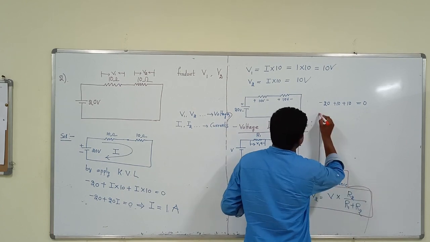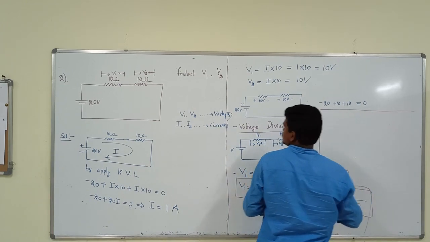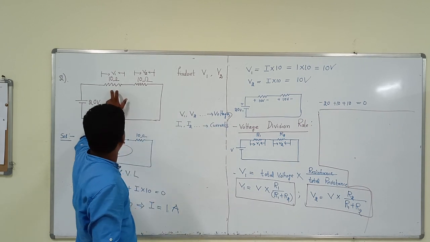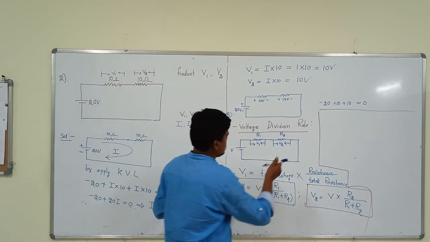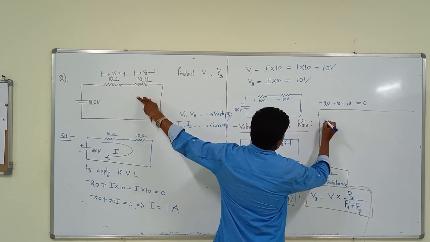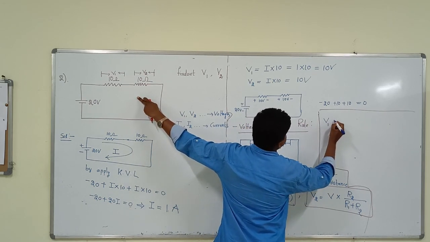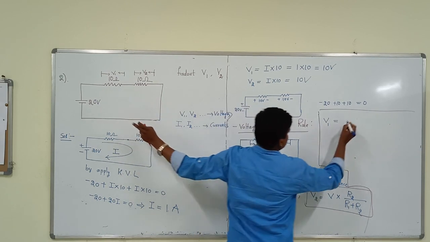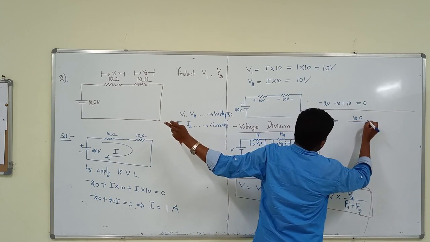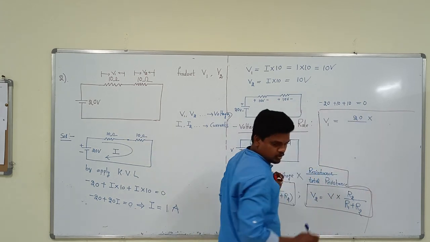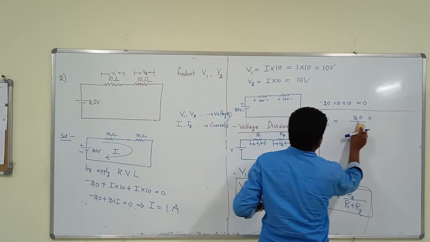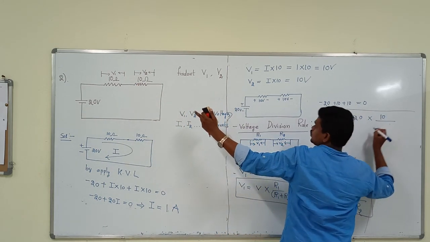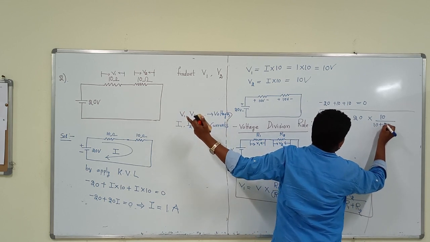So from that circuit, in order to find the voltage across this 10 ohms resistor, take it as V1. V1 means total voltage, the supply voltage is 20 volts, into that resistance value 10 ohms by total resistance 10 plus 10.